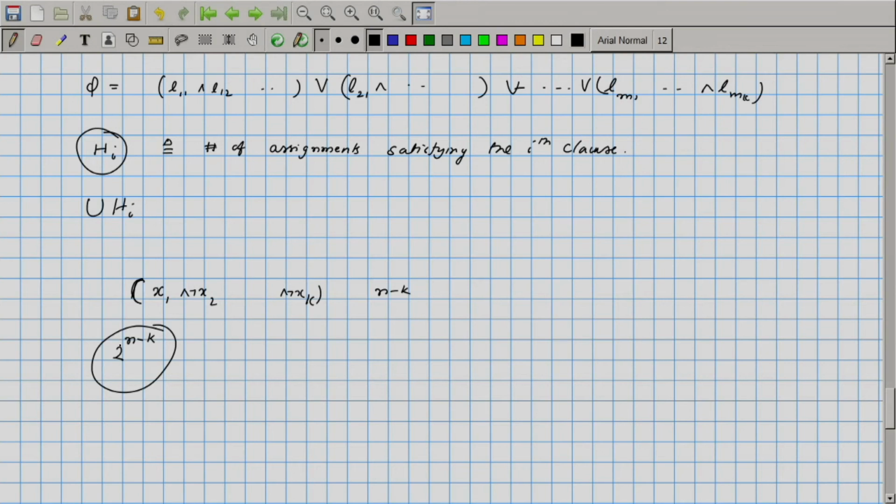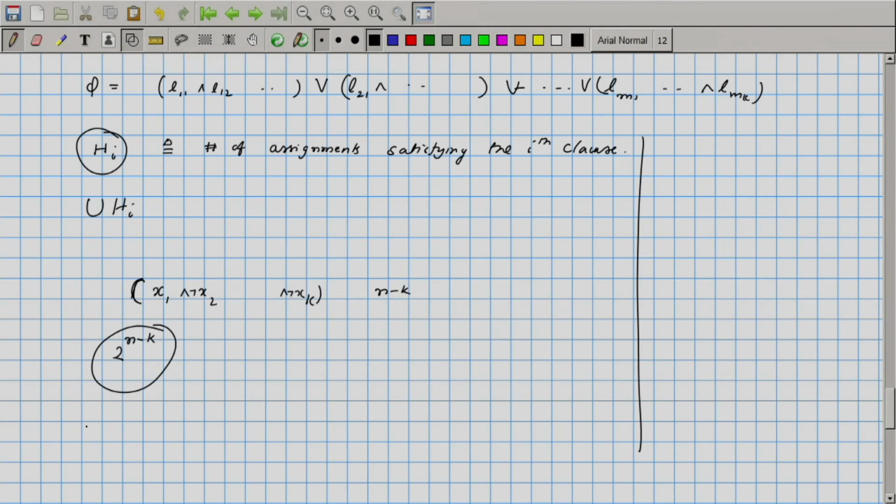What we will do is, when we run our Monte Carlo algorithm, instead of sampling from the 2 raised to n possible assignments, we will sample from another sample space whose size is not too large.